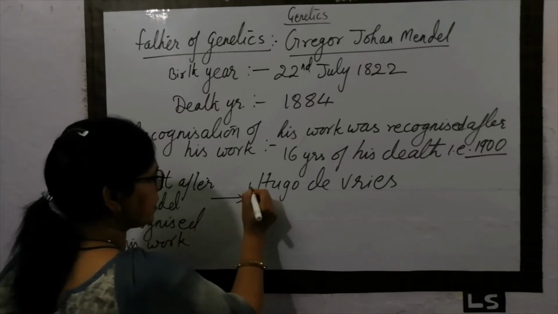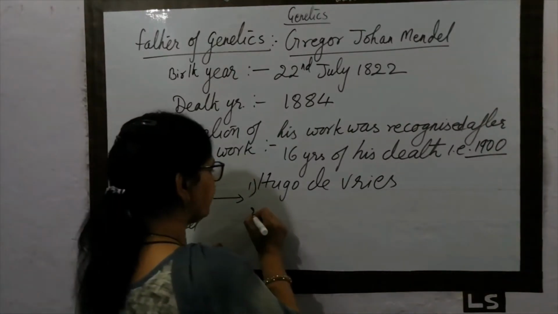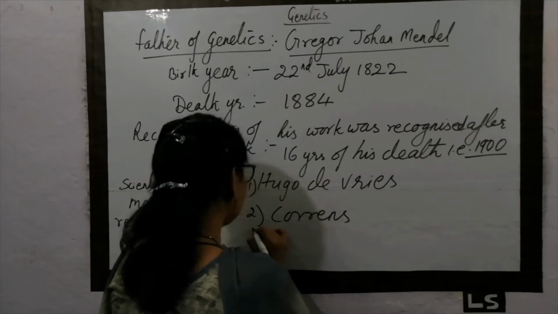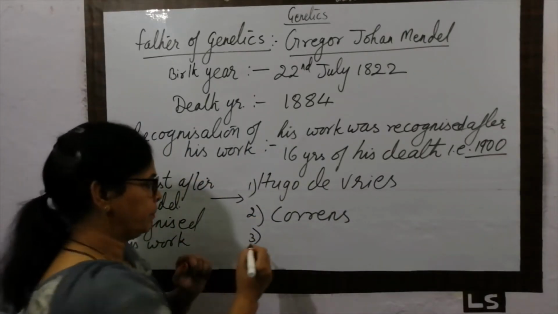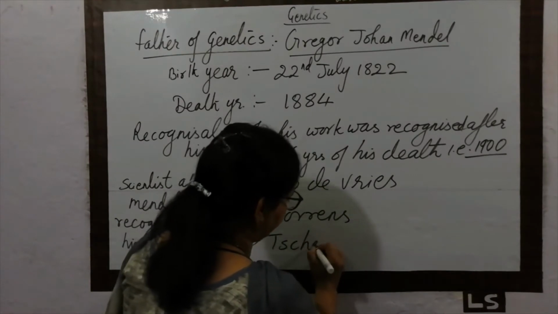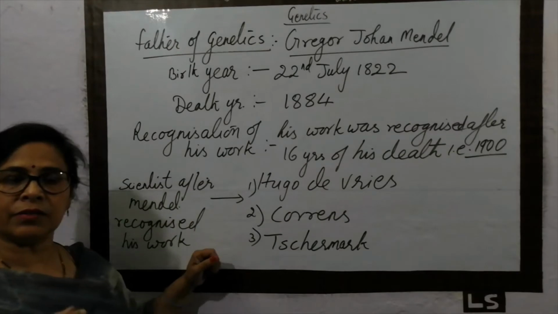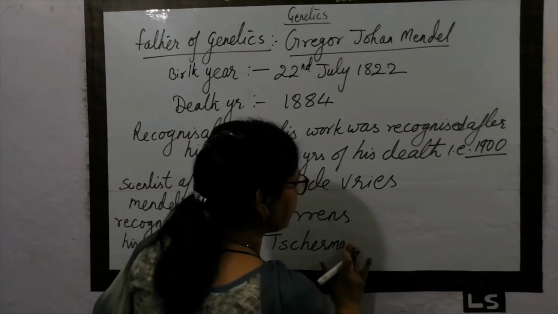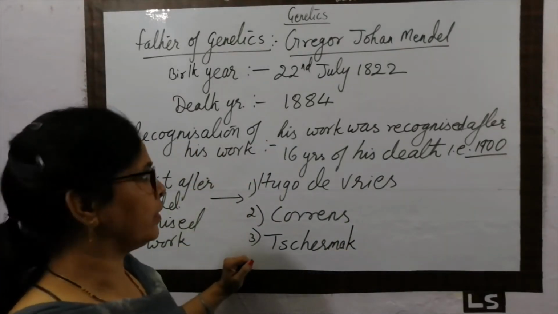Second is Correns. And third person is Tschermak. So these are the three persons who provided recognition for the work that was performed by Mendel.